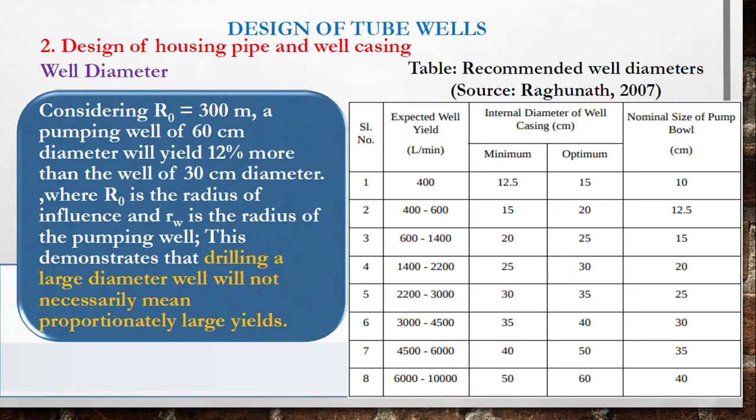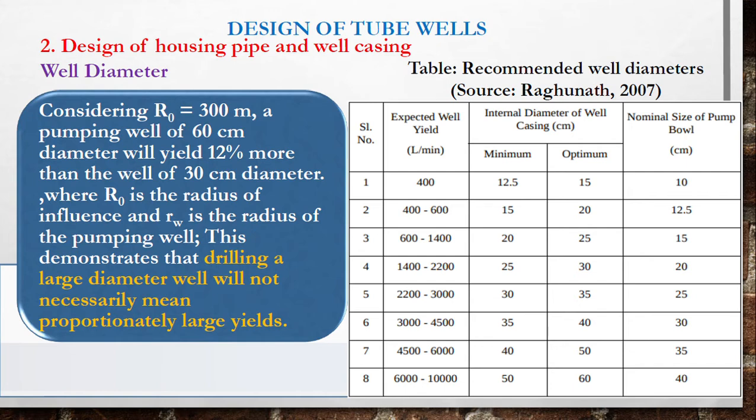Now, in our former equations, in the steady state and all, we have discussed that the discharge from the well, or yield from the well, is directly proportional to the diameter. When the diameter of the well increases, the yield from the well also increases. But it is not the case for all diameters.